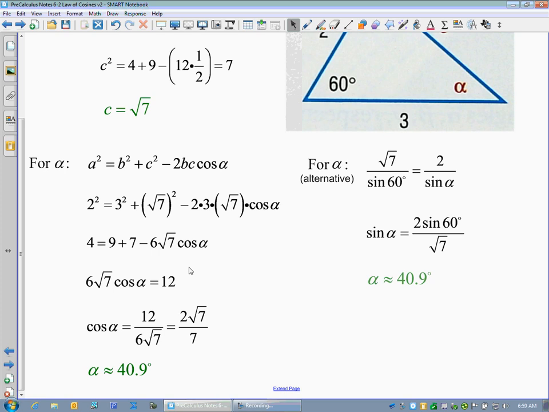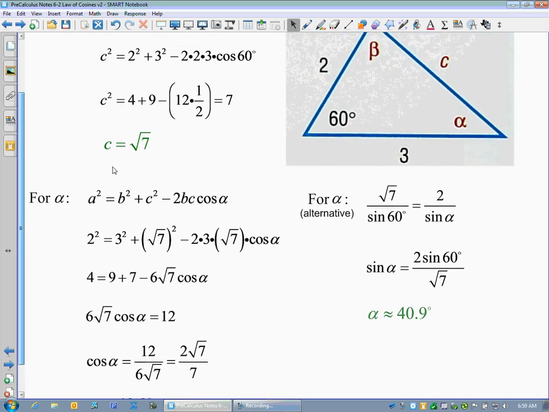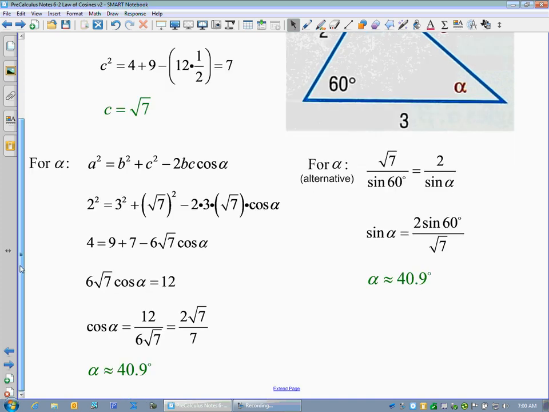Now for the remaining piece of information, we need beta. For that, we could use the law of cosines, or now that we do have an angle side pair, we could use the law of sines. But since I'm trying to get you to work smarter rather than harder, you could notice that now we know 2 angles in a triangle, so that's really the easiest way to do it.